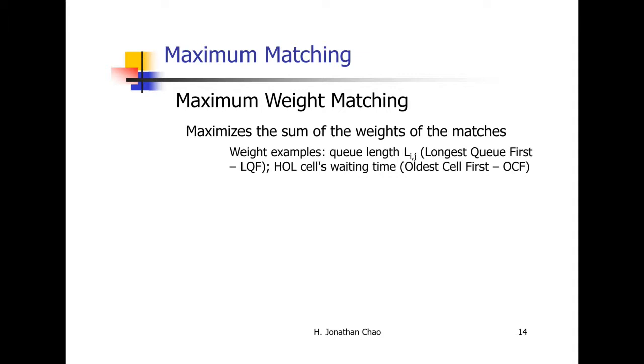Weights can be related to any kind of metric. For example, we can base the weighting system on the length of the queues, or the time a cell has been waiting in a specific queue. So we have longest queue first or oldest cell first.